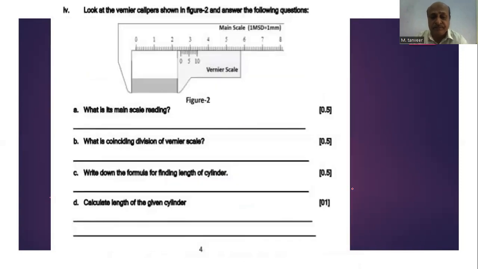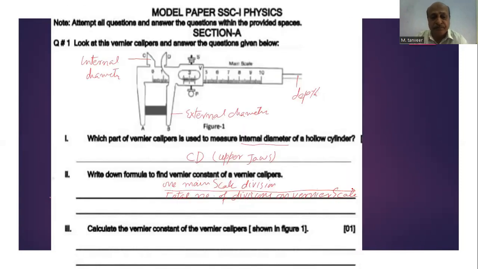Next is: calculate the vernier constant of the vernier caliper. You have to calculate the vernier constant of this vernier caliper. Vernier constant is equal to, you have to write the full formula, 1 main scale division divided by the total number of divisions. Counting 1, 2, 3, 4, 5 up to 10, there are 10 divisions on the vernier scale.